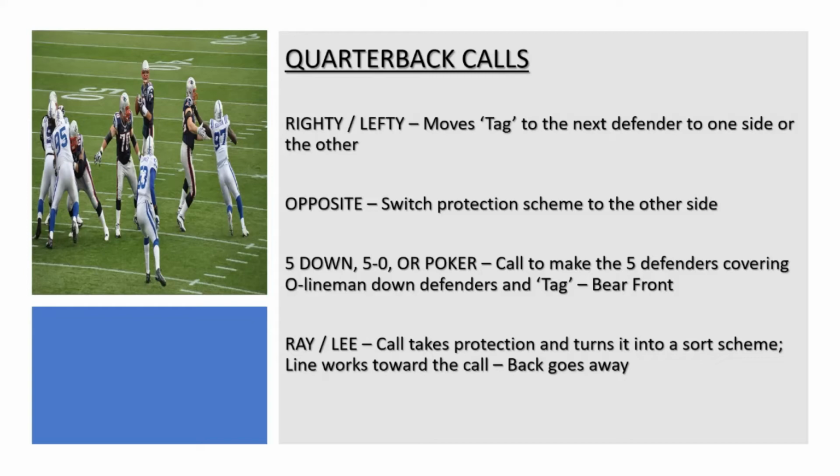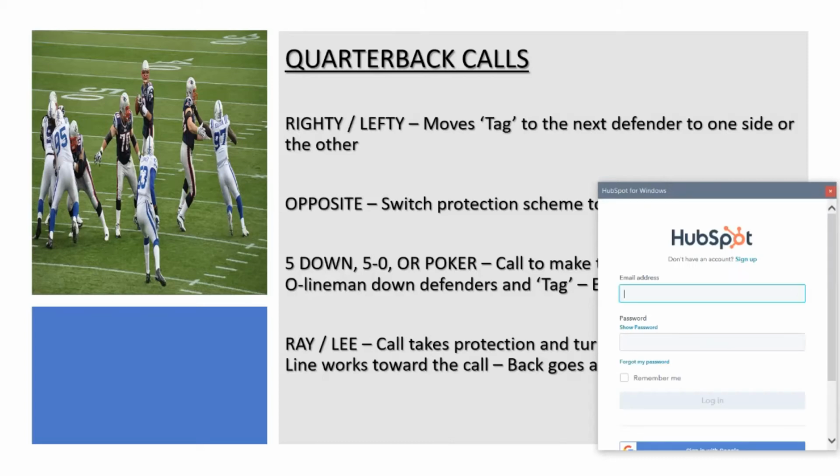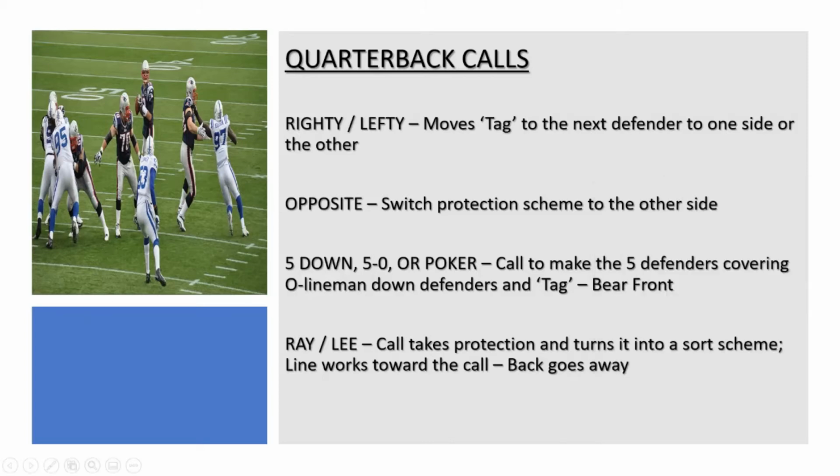The 5 down or 5-0 or poker calls, those were all different ways for us to say, hey, the 5 defenders covering the offensive linemen are all the down guys plus the tag. I'm not going to call out a jersey number tag. The guys that are covering the center, the 2 guards and the tackles, are the 5 down, are down and tag.